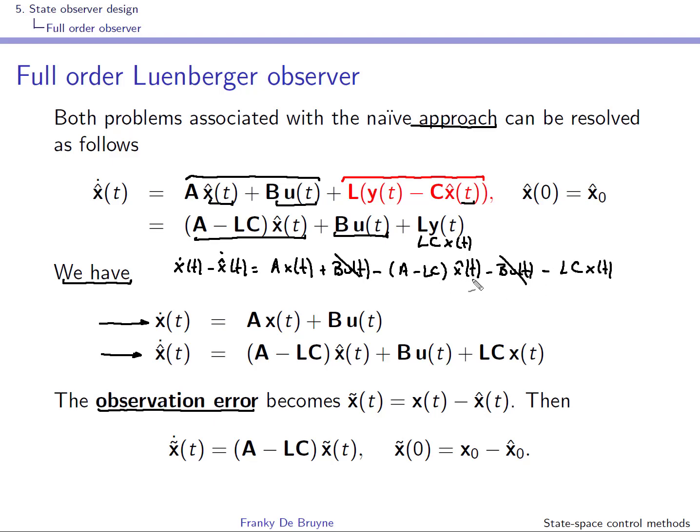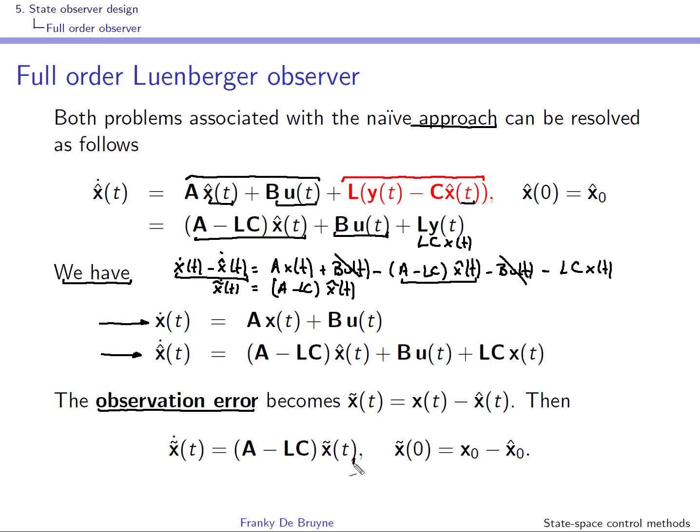So you have a minus LC x hat, but you also have a minus LCx. So you can rewrite this as (A minus LC) x tilde of t, and this is the observation error, so this is x tilde dot.